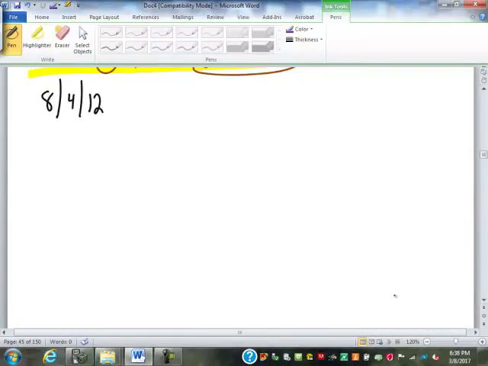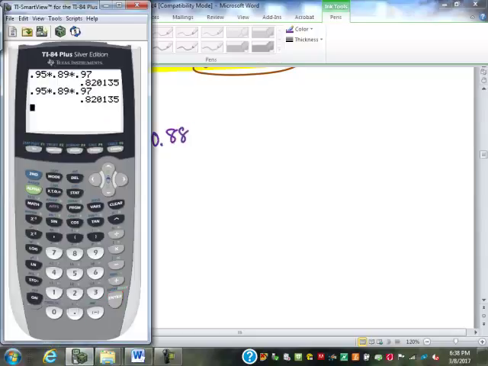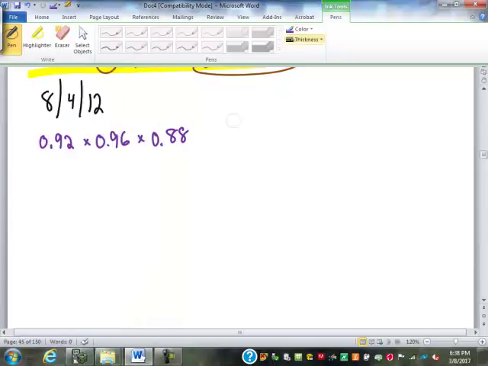I know some of you haven't had time to finish yet, but so we've got the 8% is going to give us 0.92. The 4% is going to give us 0.96, and the 12% is going to give us 0.88. For 0.777216.